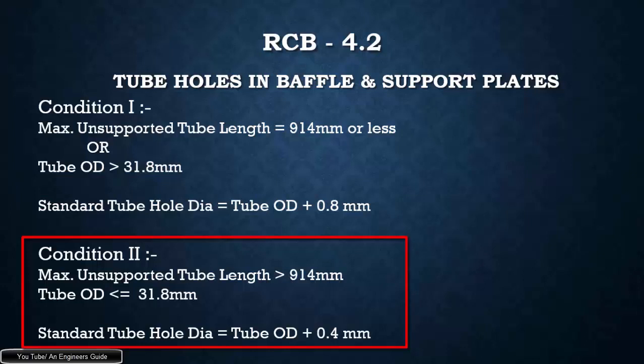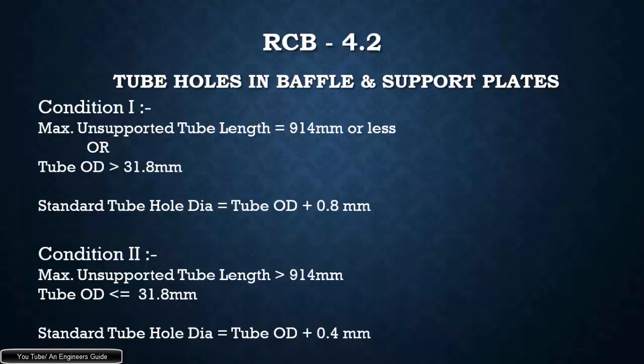So guys, unlike condition 1, in condition 2 both the conditions should be satisfied: maximum unsupported tube length should be greater than 914 and tube OD should be less than or equal to 31.8. In this case, your standard tube hole dia will be tube OD plus 0.4 mm. So guys, hope you understood condition 1 and condition 2.